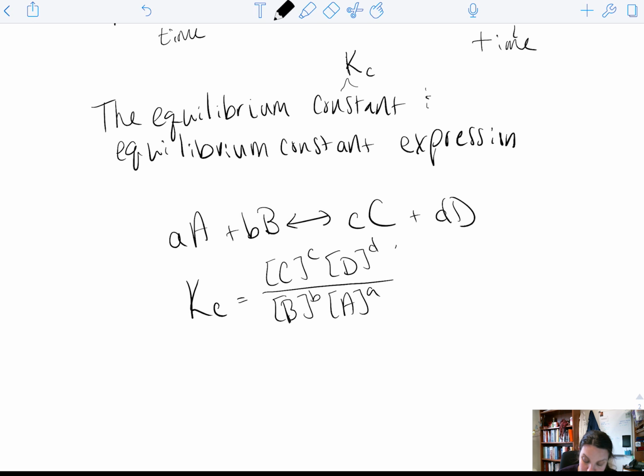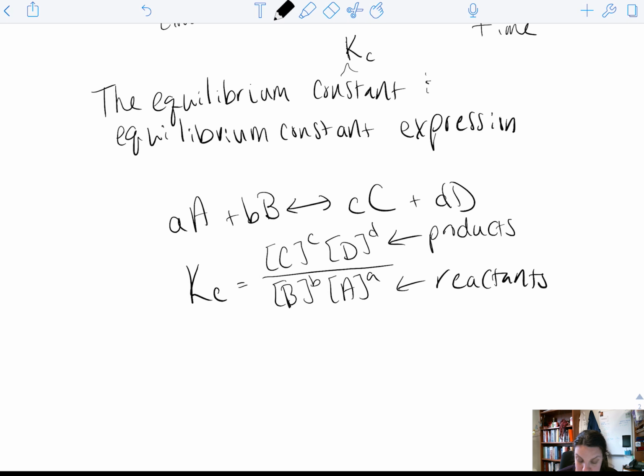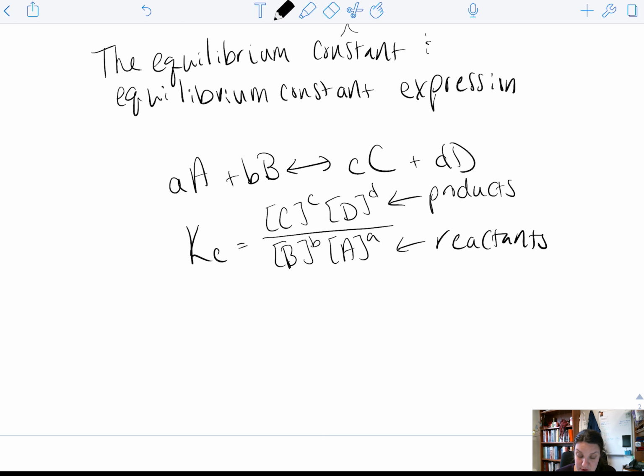Okay, so on top we have our products. On the bottom we have our reactants. That gives us our equilibrium expression. And if we know our concentrations, we can solve for our equilibrium constant. As a note, the concentrations are in molarity.